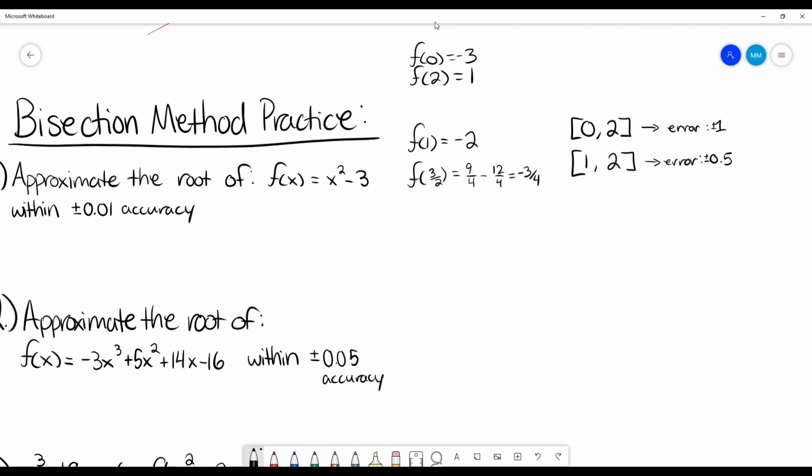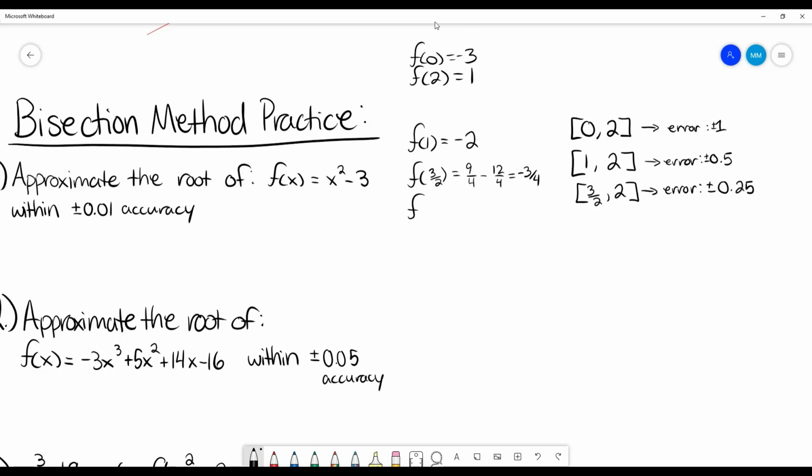So still a negative number, and we're closing in on that 0. So we're again going to replace whichever one is negative with this new x value. Now our maximum error is a little different, because this is 1/2 away from being 2, so our error is half of that, or 1/4.